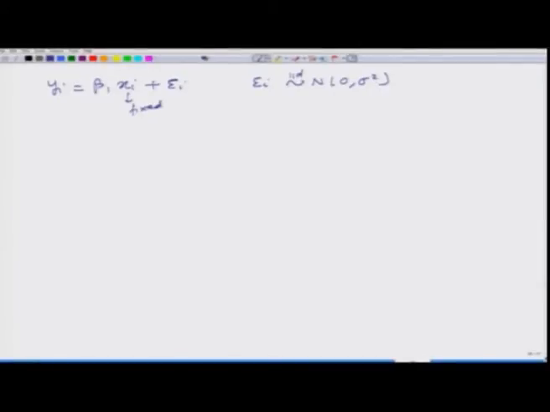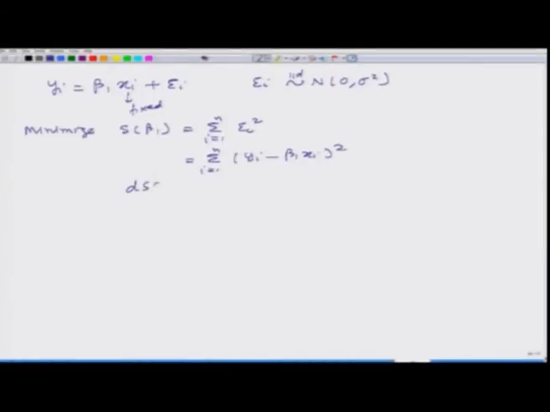In this case, my objective is to find the parameter value beta 1. So, I again use the principle of least squares and try to minimize the sum of squares, which I denote now as S of beta 1, the sum over i from 1 to n of epsilon i square, and this is nothing but the sum over i from 1 to n of yi minus beta 1 xi, whole square.